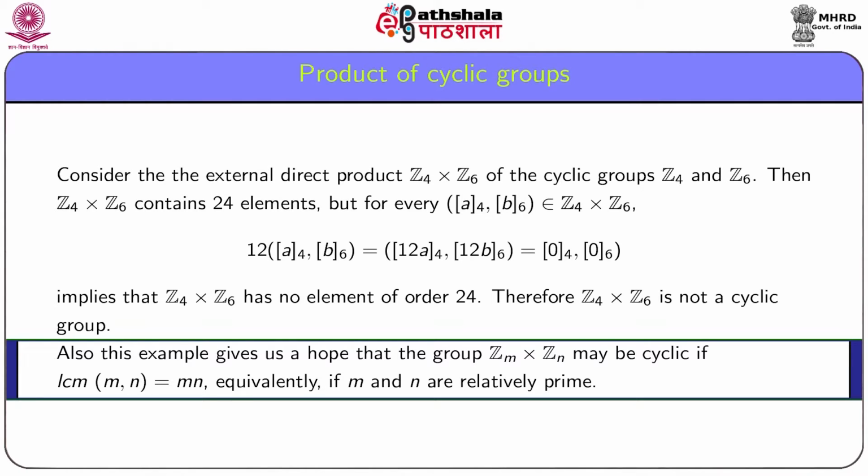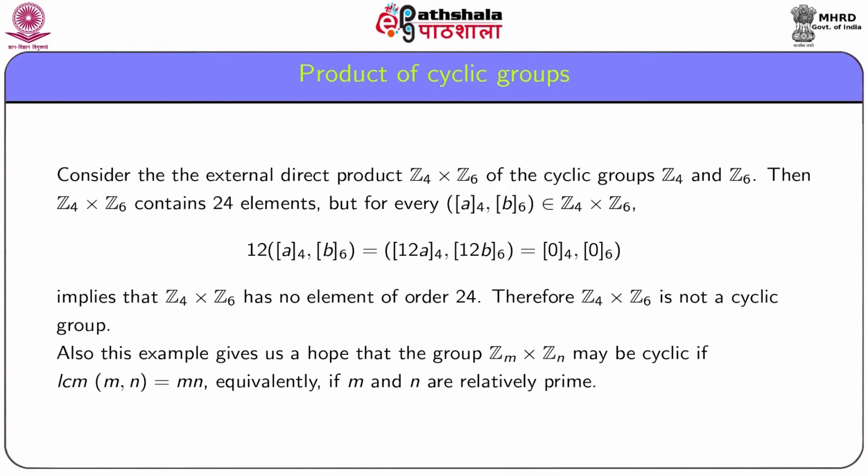Also, this example gives us a hope that the group Zm cross Zn may be cyclic if the LCM of m and n is equal to m times n, that is, equal to the order of the group Zm cross Zn.